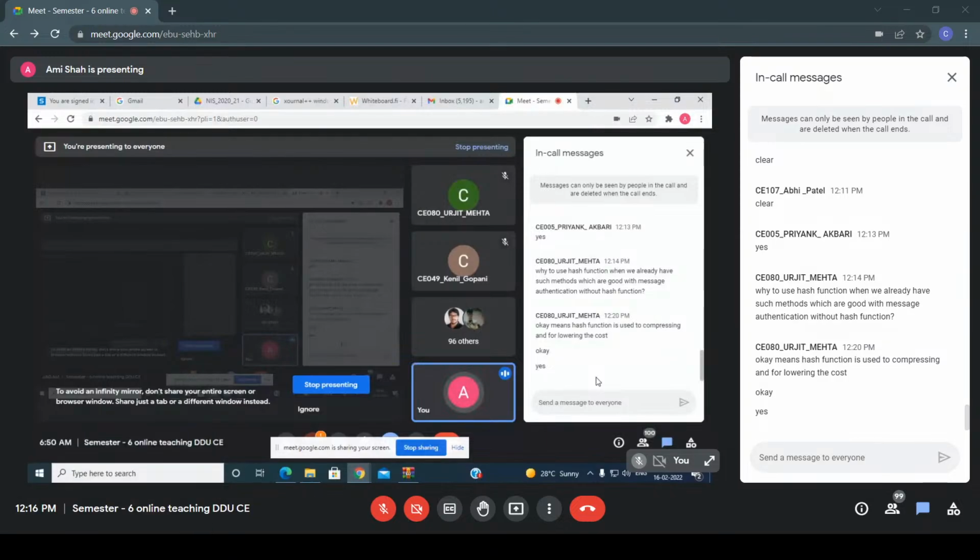What do we mean by message authentication? If Alice sends a message to Bob, how can Bob ensure that the message is coming from Alice? In this scenario, I assumed that both parties agree on a common key, so Alice encrypts the message and sends the message along with the encrypted message to Bob. Bob decrypts with the same key, and then both messages are compared.